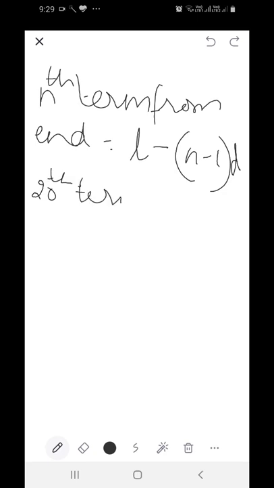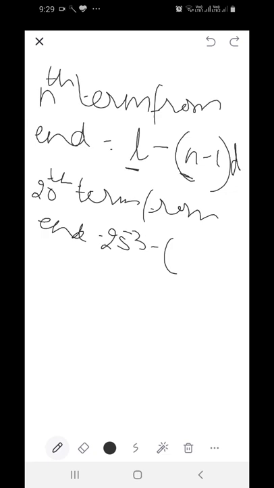20th term from the end is equal to the last term. Put the value of L, 253, minus the value of n, which is 20, minus 1. And what is the difference for this AP? It is 8 minus 3, that is 5.